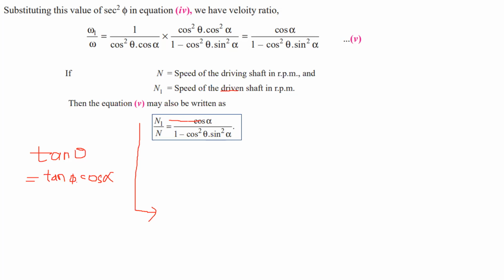Any doubt or anything else you want to ask? No, sir. So note down this formula n1 upon n; otherwise, omega 1 upon omega is equal to cos alpha upon 1 minus cos square theta sin square alpha.